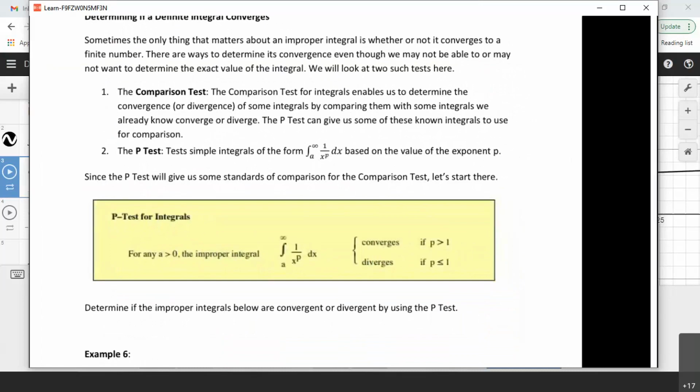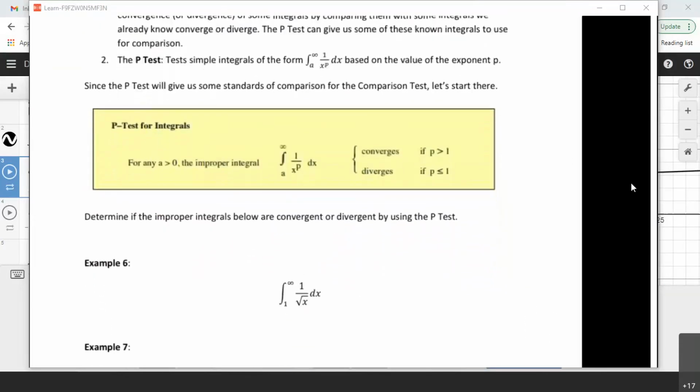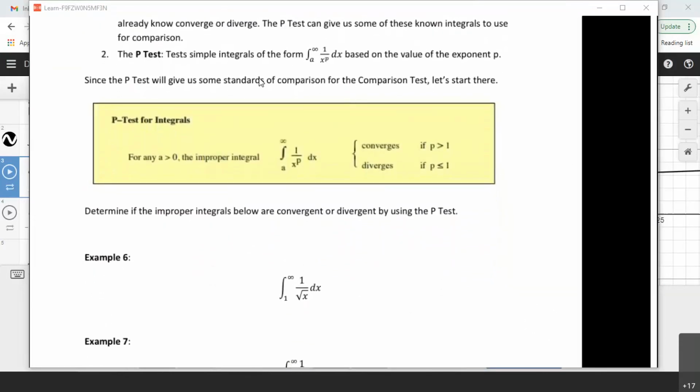What this does is give you a library of divergent and convergent integrals to compare yours to. So let's look at the p-test first, because it's going to give us some standards of comparison.